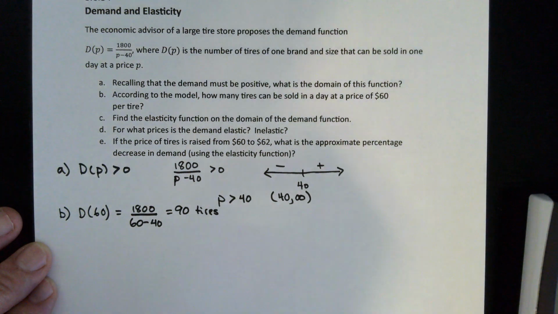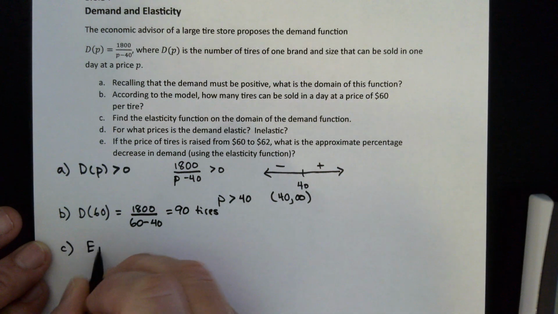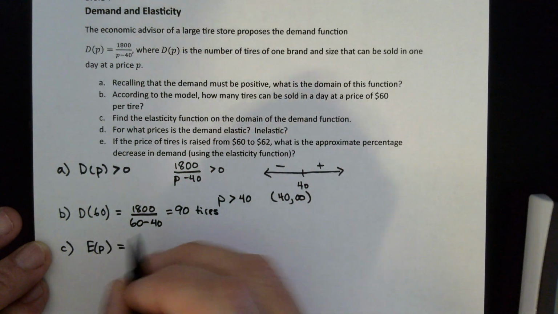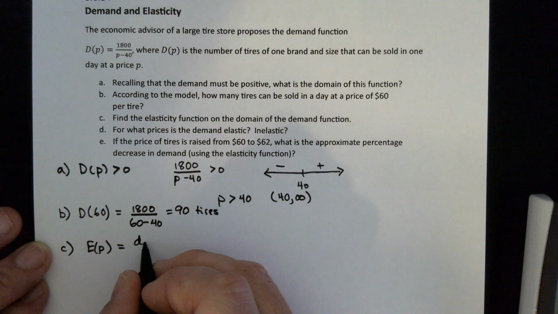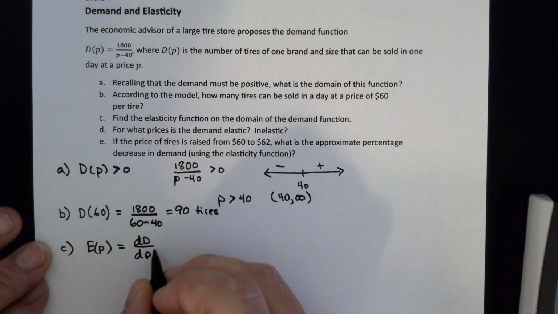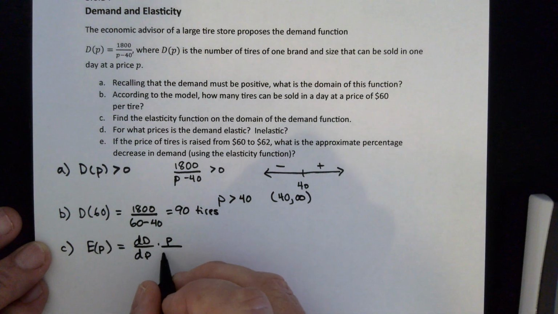That was B. C: find the elasticity function on the domain of the demand function. The elasticity function is E of P, and that's equal to, I'm going to write it in a couple different ways, the derivative of D with respect to P times P over the D function.